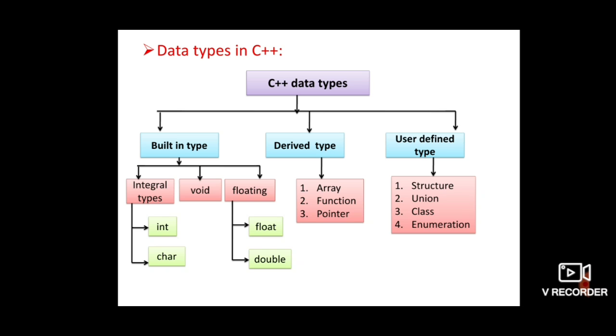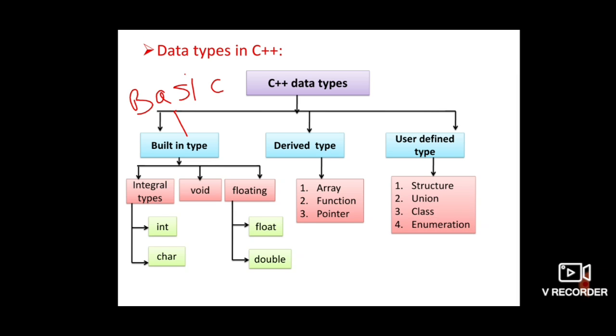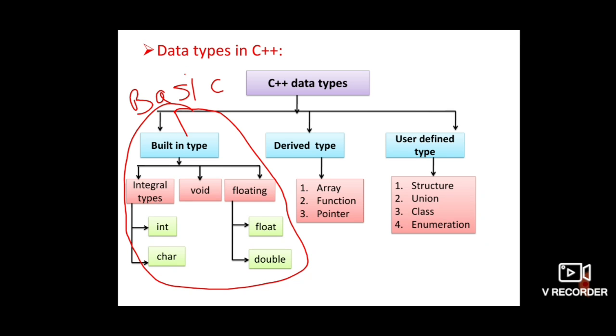Basic means the built-in data types; remember, built-in data type is also called basic data type. So only draw this part. Don't draw the derived and user defined data types if basic data types are asked.